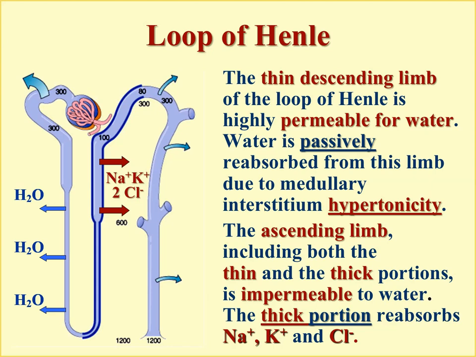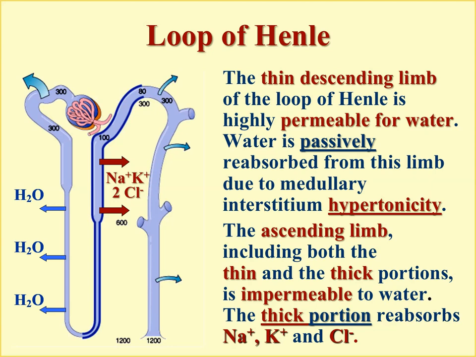Just if you consider it in order, first the descending part, then ascending, it looks like the reason comes later than the consequence of water reabsorption. But in the real kidney, all these processes occur simultaneously.